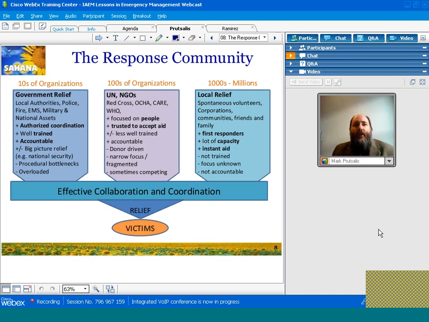But there's also a third group, which is really the disaster victims themselves and the communities and the people who are affected, corporations and the private sector, who are often the first on the scene, have a lot of capacity, and provide the volunteer resources that groups like the UN end up using to help manage the relief operation. And so the effective collaboration and coordination between all of these groups is really what's critical to providing relief for the victims. And this is an area where technology solutions, I think in particular, have great value.